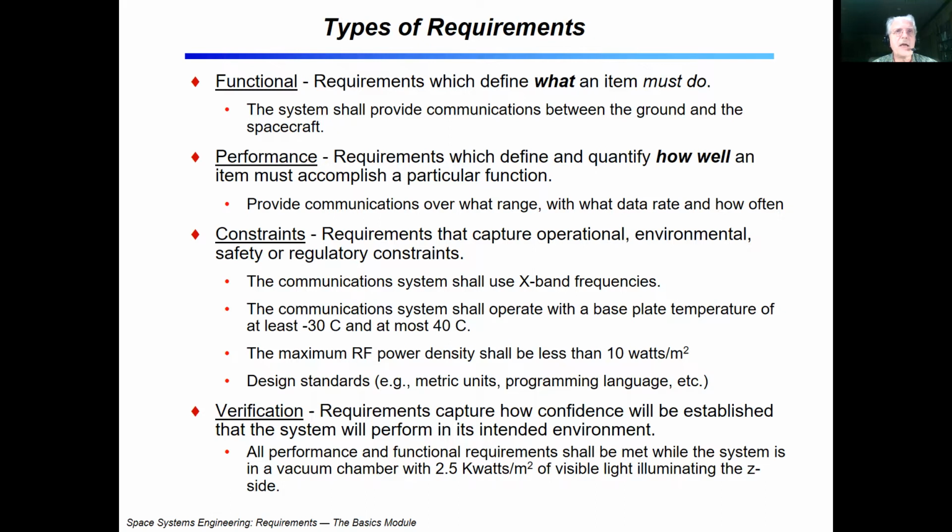Then there are constraints, like the current constraint I just mentioned about 17 centimeters between your string tubes, or your total weight of 100 grams. And then verification: how well can your performance and functional requirements be met?